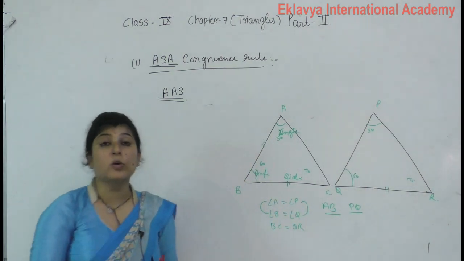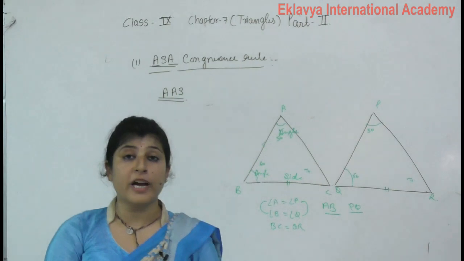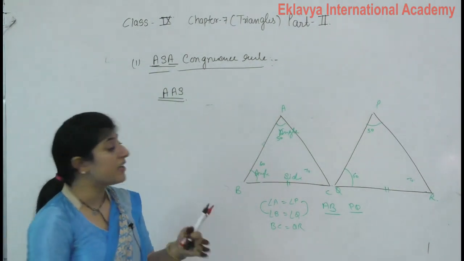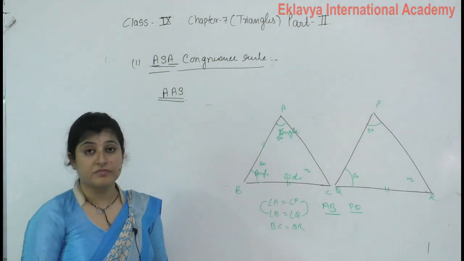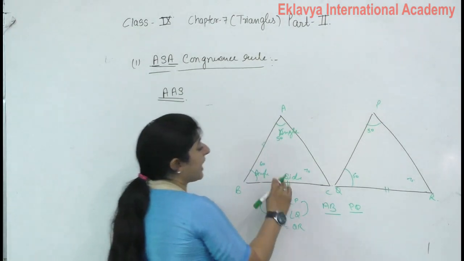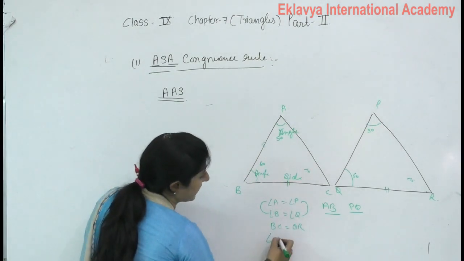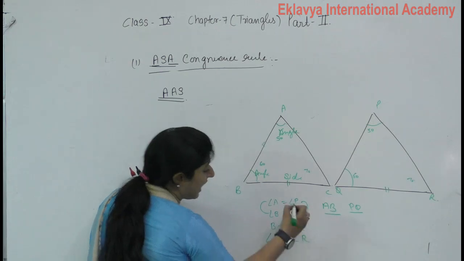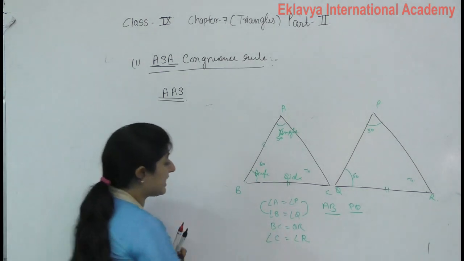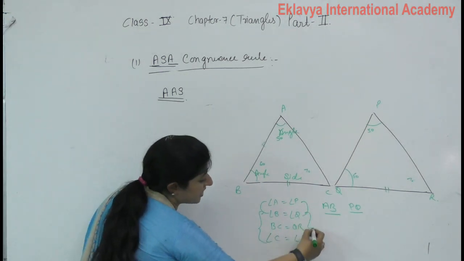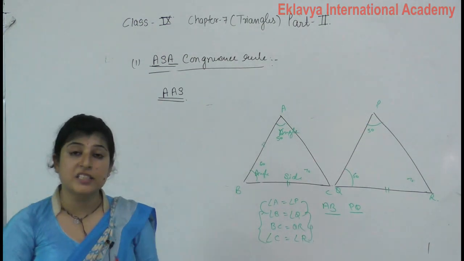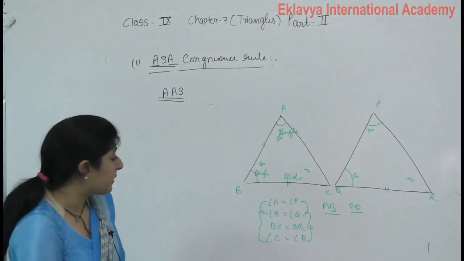It means in a triangle, if two angles are equal, the third angle is also equal. So if I say that by angle sum property, here angle C is equal to angle R, then from this information can I apply the ASA rule? Yes, now I can apply.